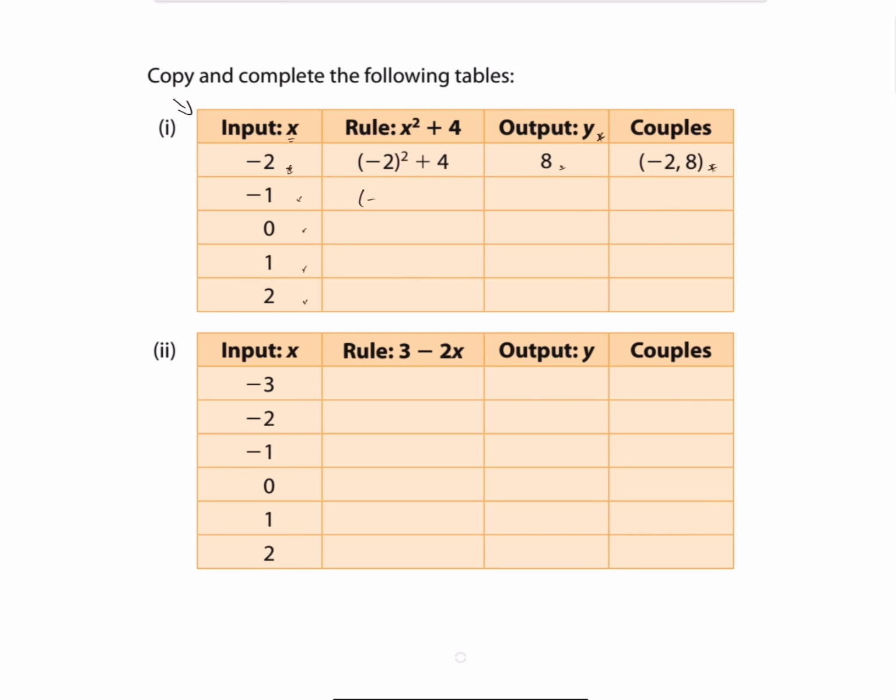We substitute in -1 for x, because x is the input. So it's -1 squared plus 4. -1 squared means -1 multiplied by -1, which is +1. And +1 plus 4 is 5. So the output is 5, and 5 is y. So we have -1 and 5.